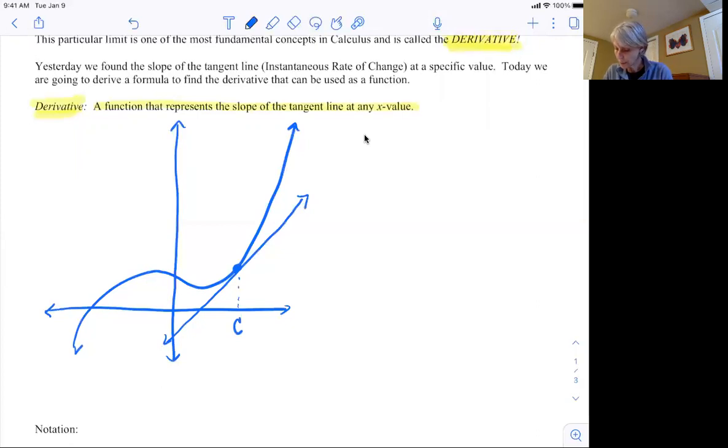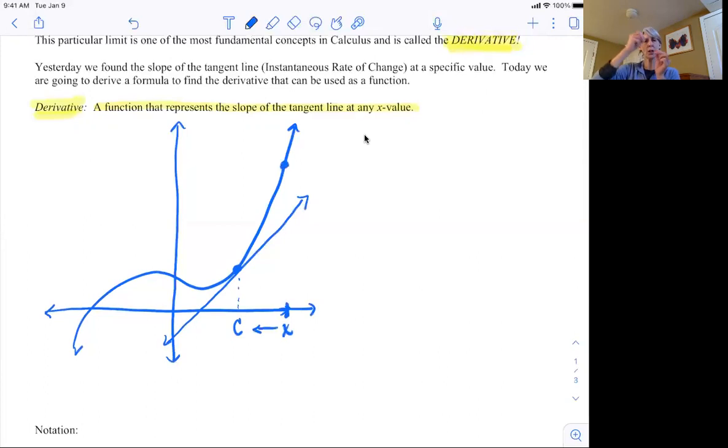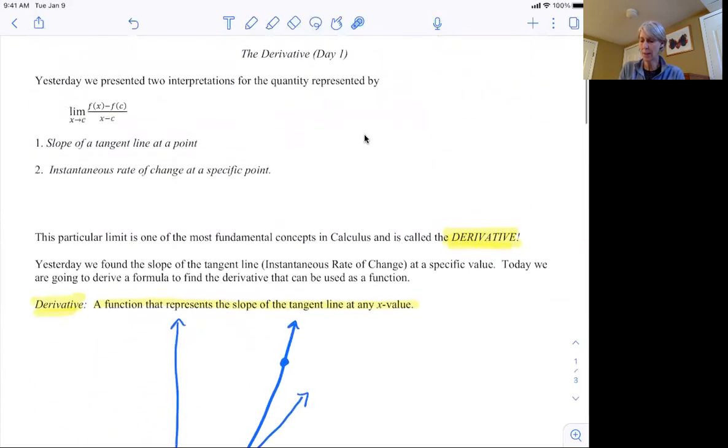Yesterday, what we did was we took a point that was further away and we brought that point closer and closer and closer to x until eventually it was so close that the slopes would be the same as if you had 2 points. And we evaluated it like this.